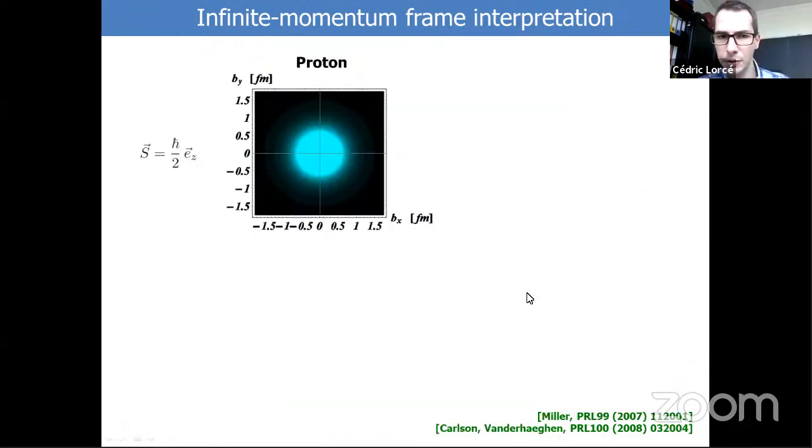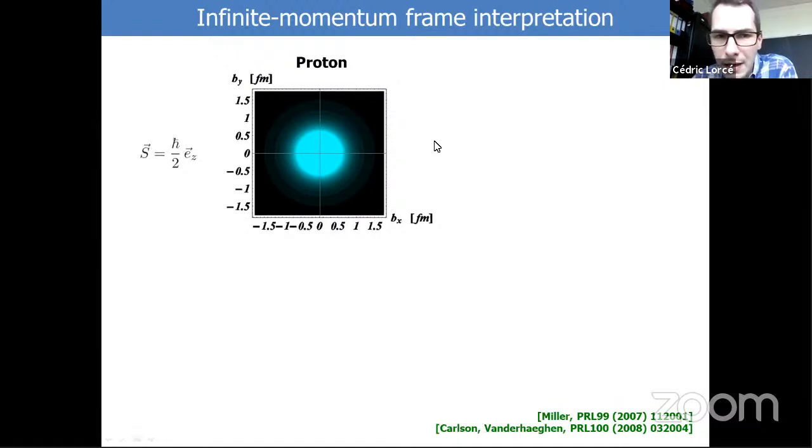So if you look at what you get with these two-dimensional densities for the proton, when you polarize, for example, longitudinally, you get something that is axially symmetric, nothing very exciting, just about half a Fermi radius, just as what you expect for a proton. So everything is fine.